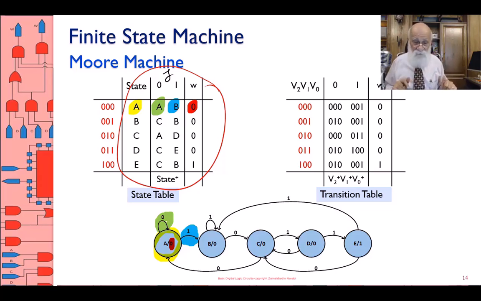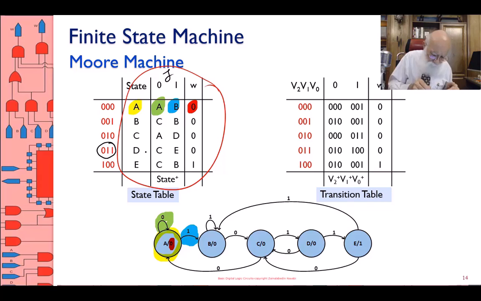Unique patterns. Then I take my state table, and for each state in the present state column and in the next state column, I replace it. For example, D is 0, 1, 1.